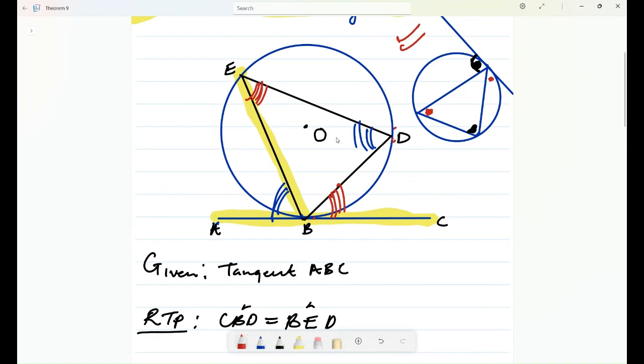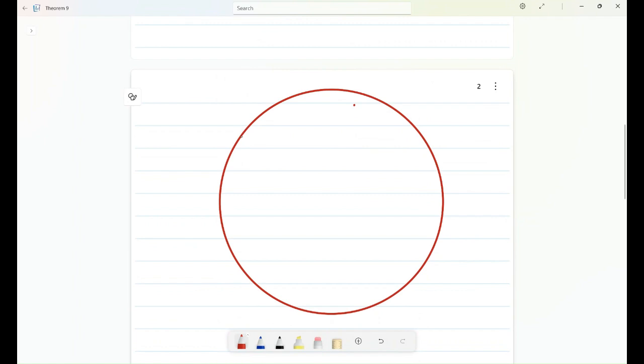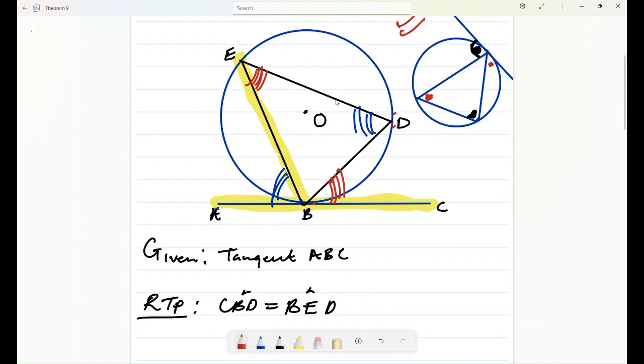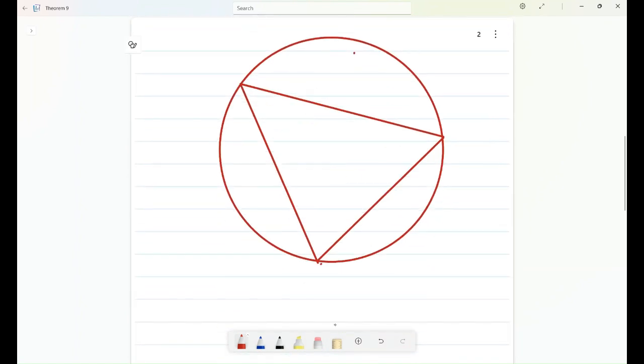I hope you can see here. Remember, an examiner can draw whatever sketch he or she wants, and no one is going to tell him or her anything.